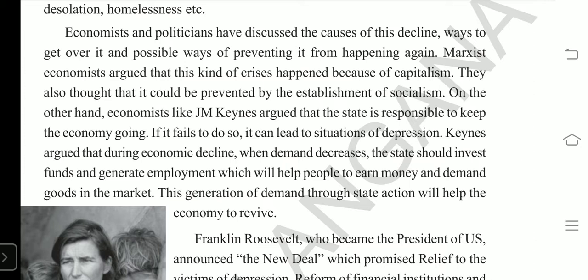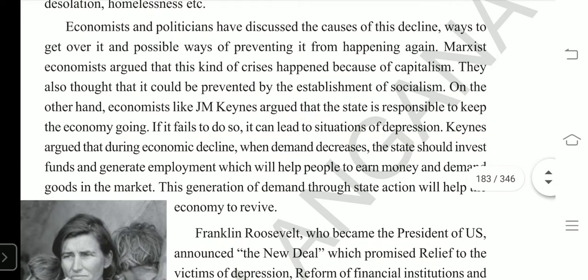Economists who followed Karl Marx's ideas are called Marxist economists. So Marxist economists argued that capitalism is the reason, and that could be removed with socialism. They demanded that socialism be established in place of capitalism.